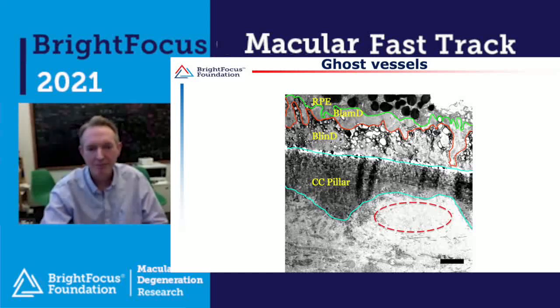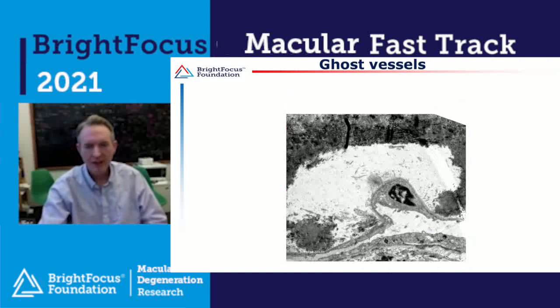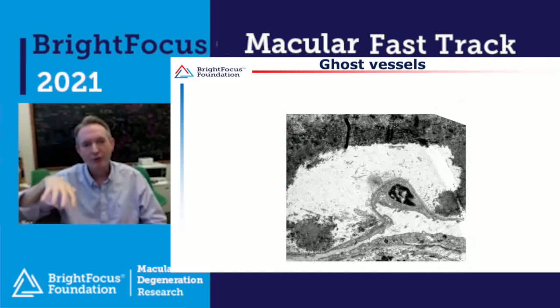And here's the RPE, basal laminar deposit, basal linear deposit. The choriocapillaris pillar supports the membrane, but there's no endothelial cell where it belongs there. And then occasionally cells from vessels in the Sattler's or Haller's layer of the eye, especially Sattler's layer, will sort of drift up into the old choriocapillaris ghost area.